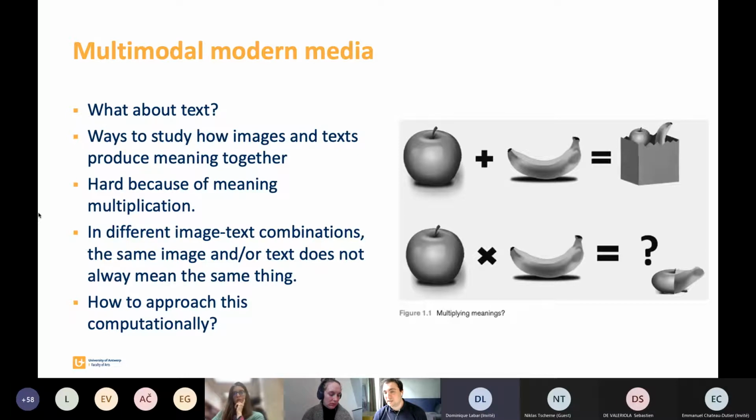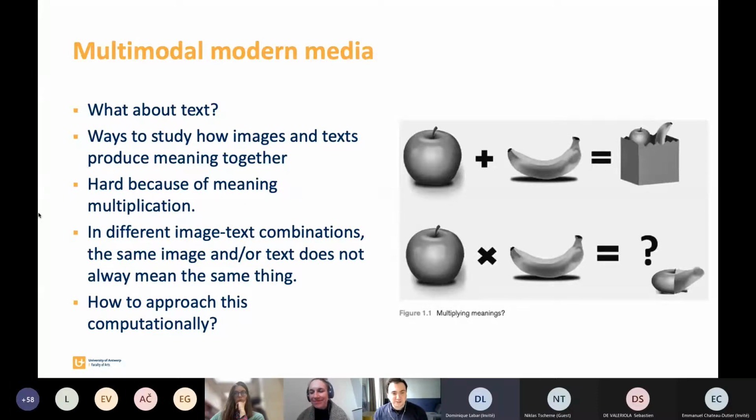And Bateman, in his book on words and images, described that as a word, here represented as an apple, and an image represented as a banana. The meaning is not simply apple plus banana, but it's in fact apple times banana. And it is in fact very hard to distinguish the contribution of the apple and the banana.